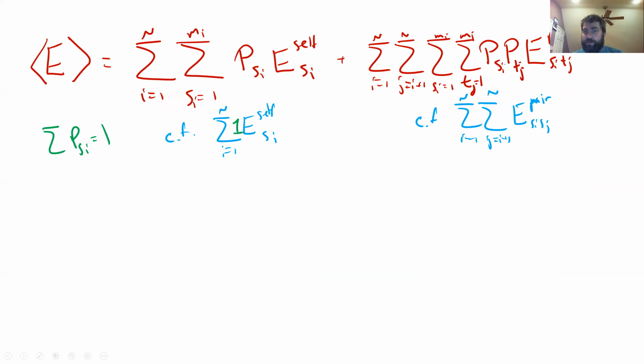Similarly, in this case, we're taking a double sum over all states, but these two individual sums over the possible probabilities also end up giving us 1. So the overall energy is actually quite comparable.